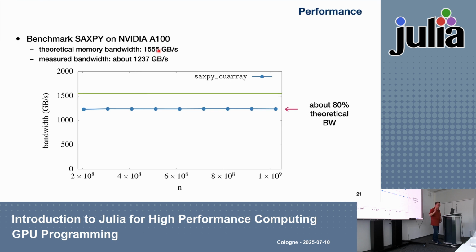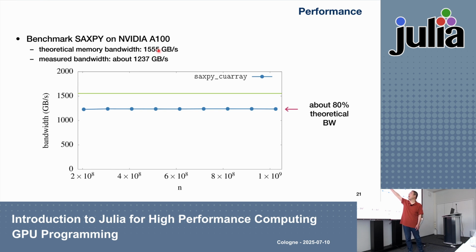And the key point is the work is done in a very good shape. Let's look at the SAXPY application. The theoretical memory bandwidth, meaning the hardware specification, is 1,500 gigabytes per second.